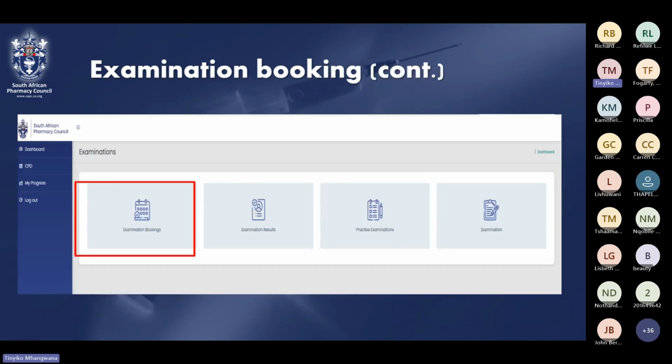When you click on that tab, it will navigate you to this page where it says examination bookings. That is what you are going to select in order to book. It will be for both the practice and the actual EISA exam. The method of booking will be the same.